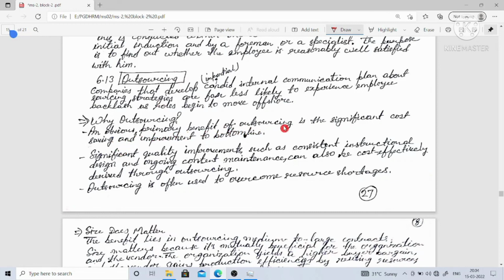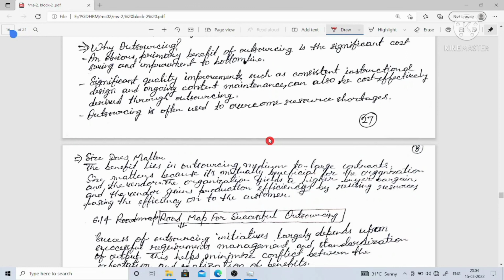That is the first reason due to which organizations use outsourcing. Significant quality improvements, such as consistent instructional design and ongoing content maintenance, can also be cost effectively derived through outsourcing. So quality can be improved, and at the same time cost can be decreased by outsourcing.